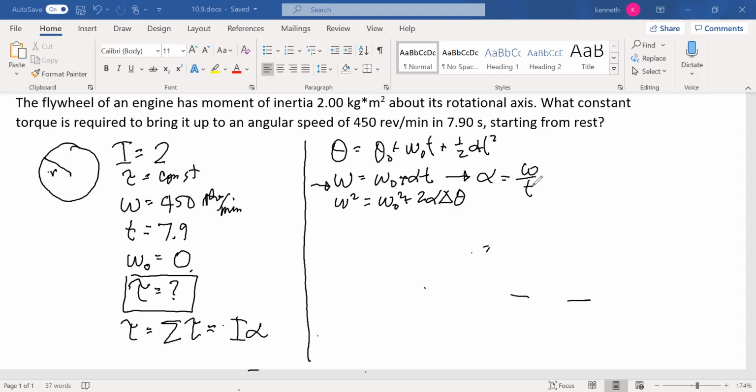And the torque we're looking for will be I alpha, I omega over t. And what is omega? It's given here in revolutions per minute. We'll need to change that to radians per second in MKS units for rotational velocity.